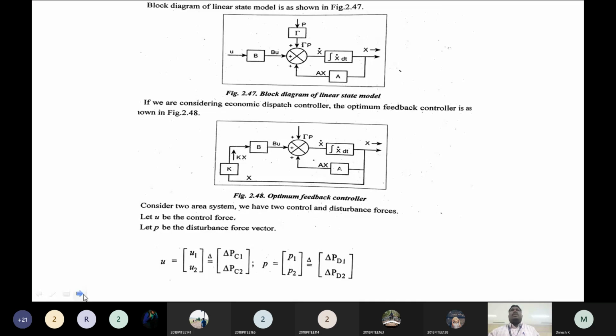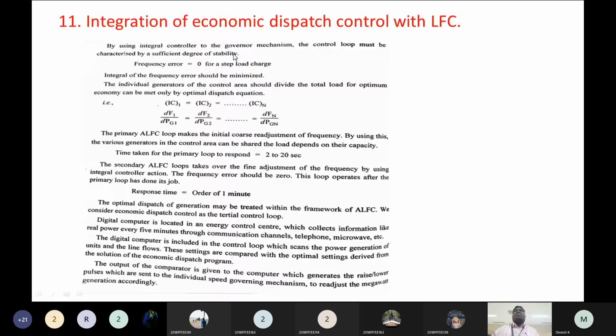So now the integration of economic dispatch control with LFC. Everything is done. So for economic dispatch, what you have to do is the frequency error should be equal to 0. You have to bring that. If you bring that, then your economic dispatch should be satisfied.